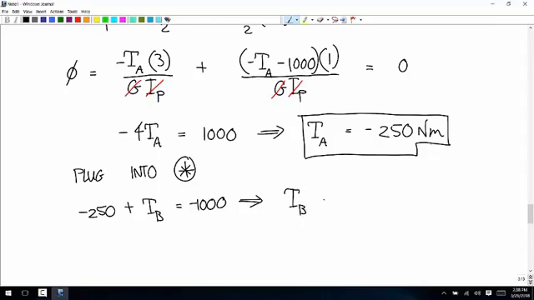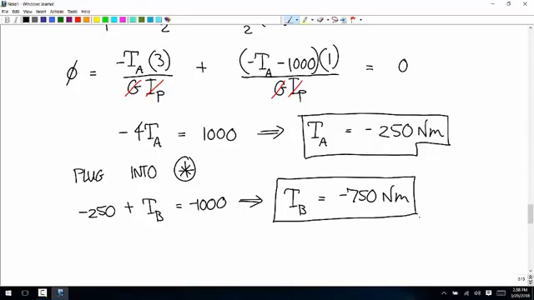So T_B is equal to negative 750. And so the reaction load that's closer to the applied load has to take up more of that load. And you see that always.